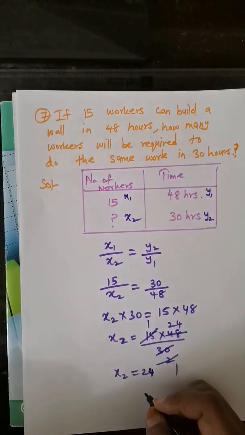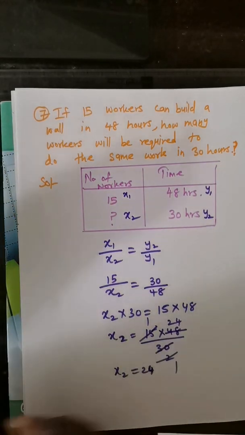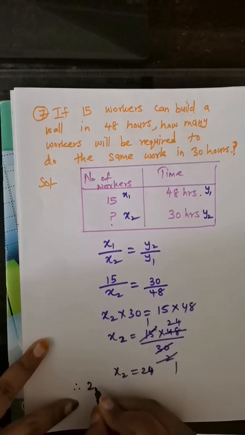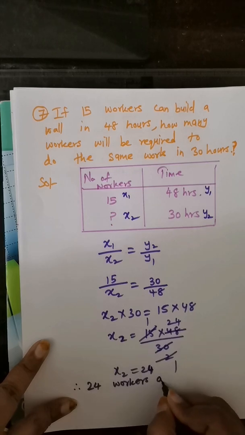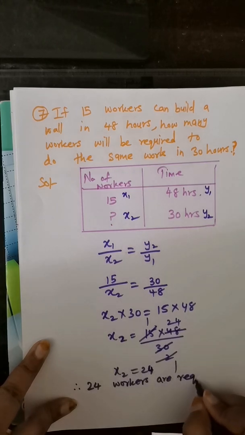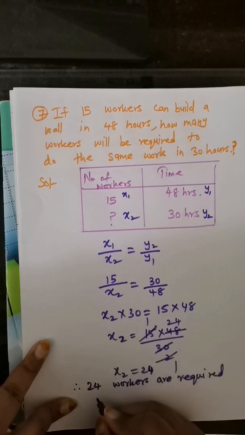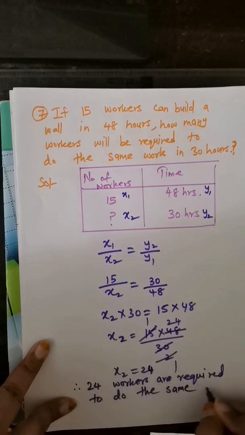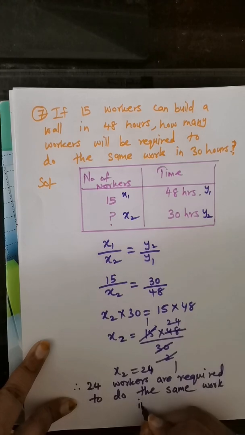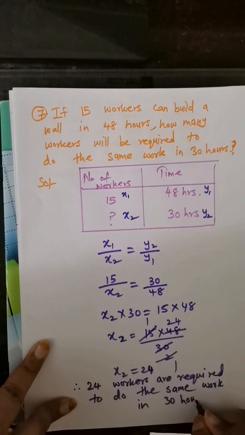So how many workers are required to do the same work in 30 hours? Therefore 24 workers are required to do the same work in 30 hours.